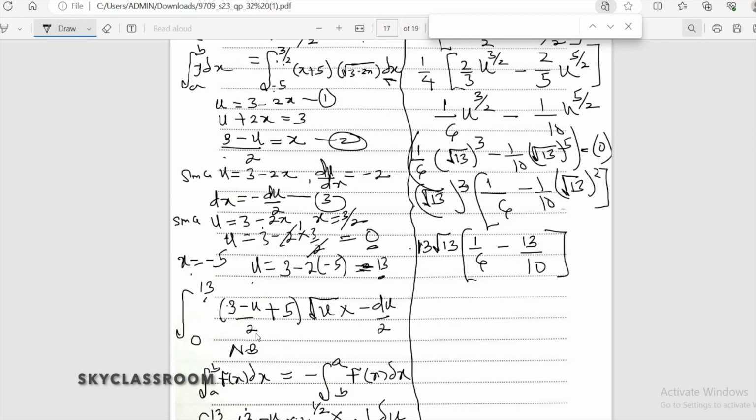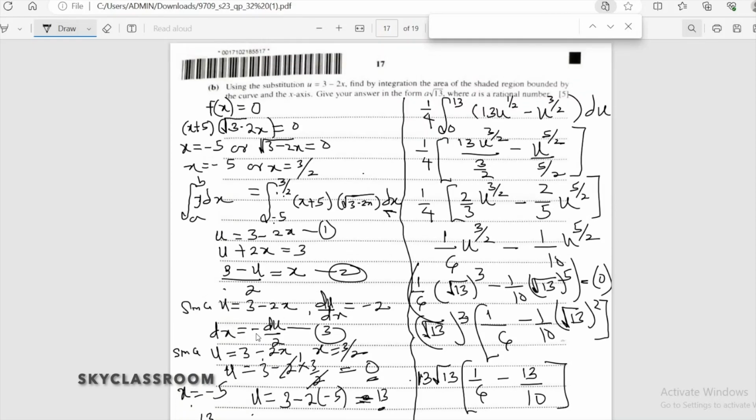Checking. There's 1 over 6, 1 over 6, 13. There's a mistake somewhere. Oh yeah, I omitted this 13. This 2 over 3, 13. Sorry, pardon me, please. So it didn't affect this.